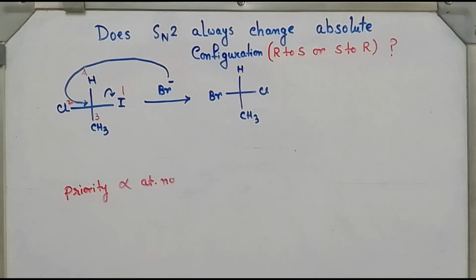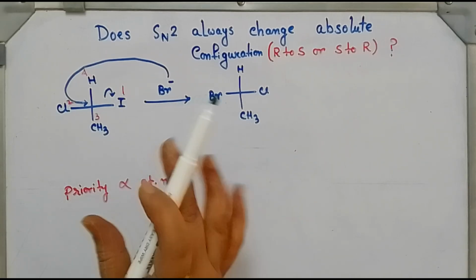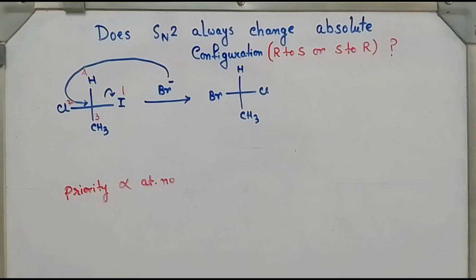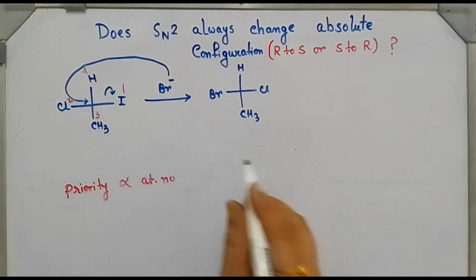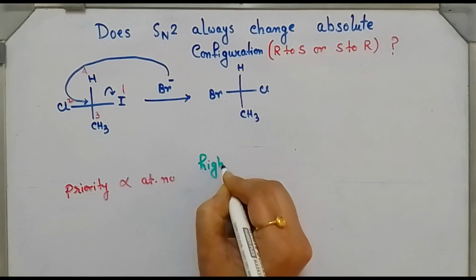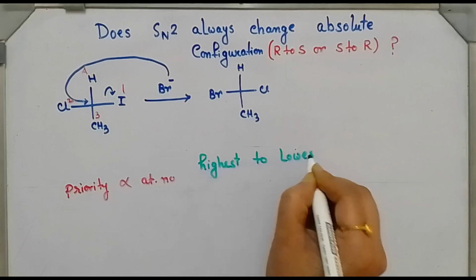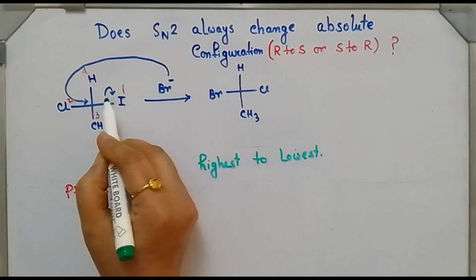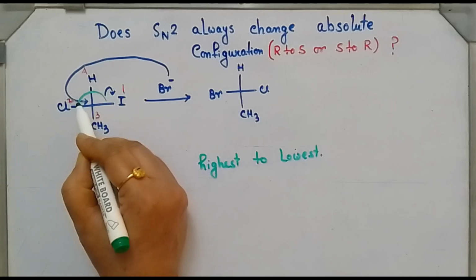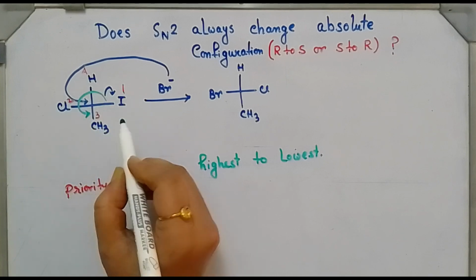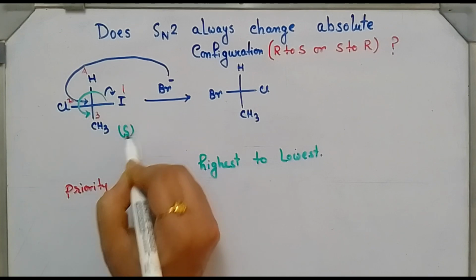You have to check that the lowest priority atom or group should be on the vertical line, here or here. So here it is on the vertical line. Now you have to go from highest priority to lowest priority group. This has the highest priority, then this, then this. So this is anti-clockwise, meaning it has S configuration.